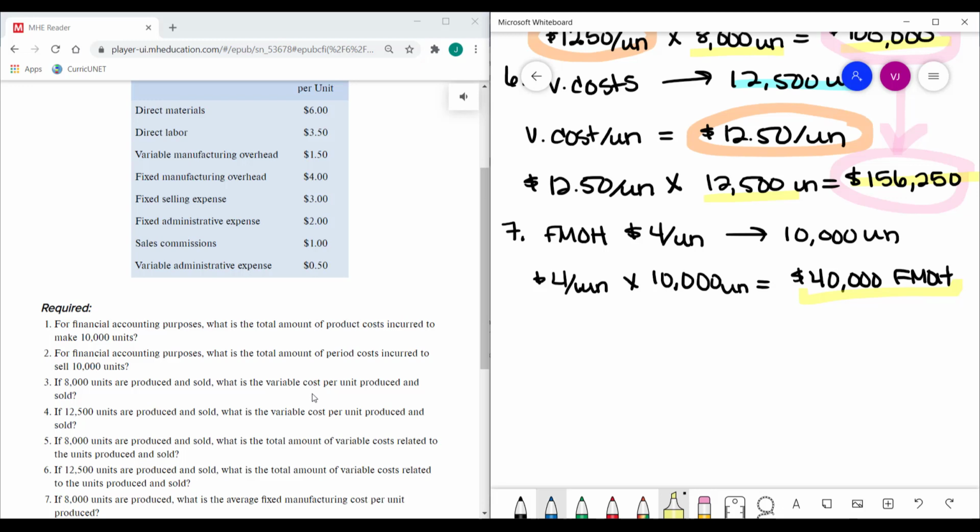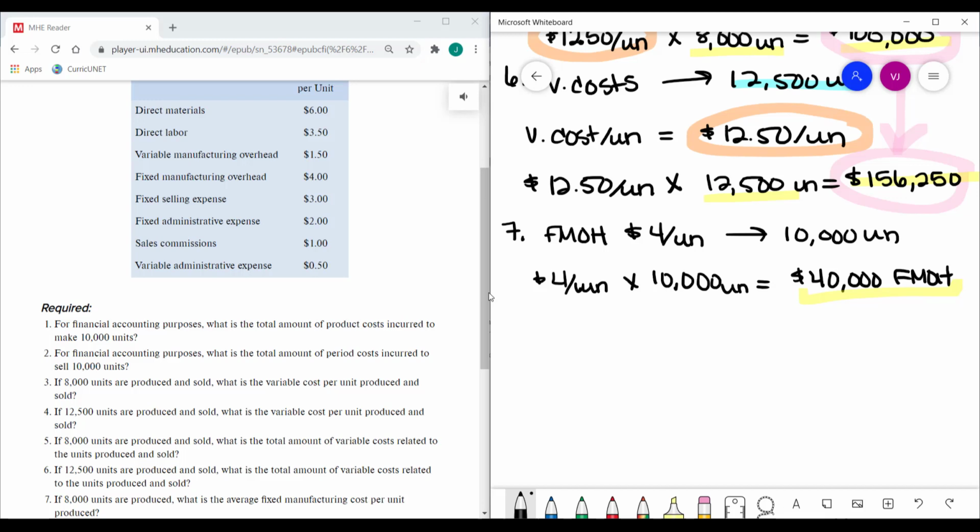But now the question is asking, okay, well, if you produce 8,000 units, not 10,000 units, what is the fixed overhead or fixed manufacturing overhead cost per unit? And keep in mind, we're talking about fixed manufacturing overhead cost here, since they're asking us about fixed manufacturing cost, which is fixed product cost. The only fixed product cost on this list is that fixed manufacturing overhead.